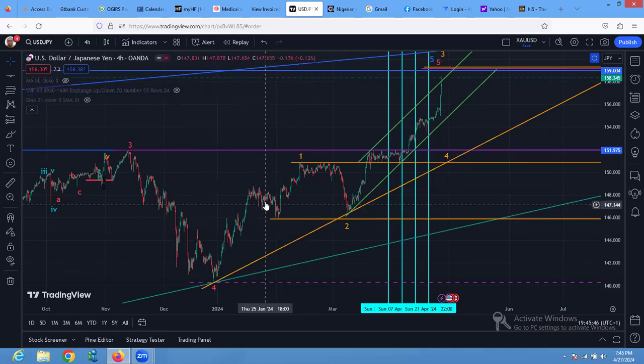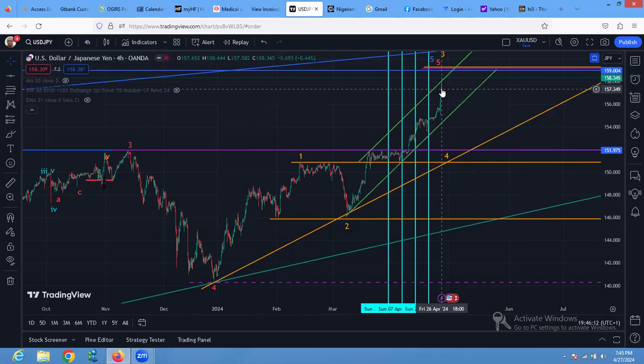A 161.8 of 3 to 4 falls around this area. So you can begin to look for your sell around 159. So 159.00 will be a good area to look for your sell. It may just pierce it a bit. So if you don't get a reaction, price is very close.